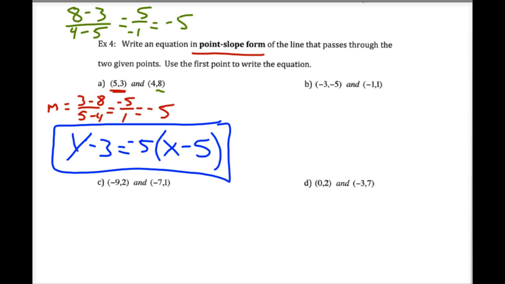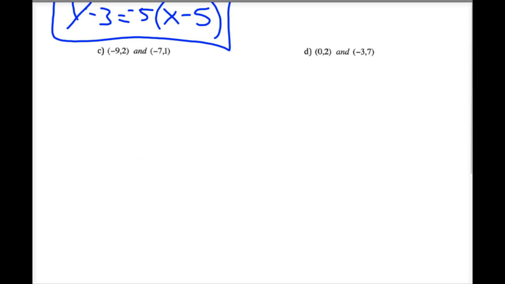Let's try C. Got it. Be patient. Lance, talk me through finding the slope of that bad boy. 2 minus 1 over -9 plus 7 is 1 over -2.